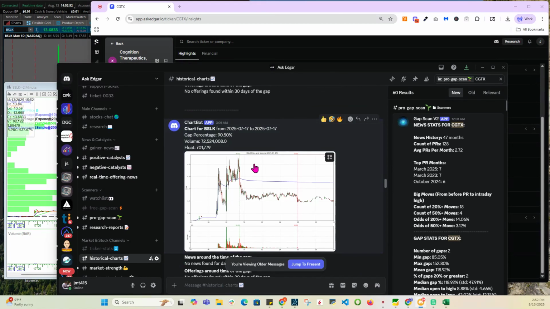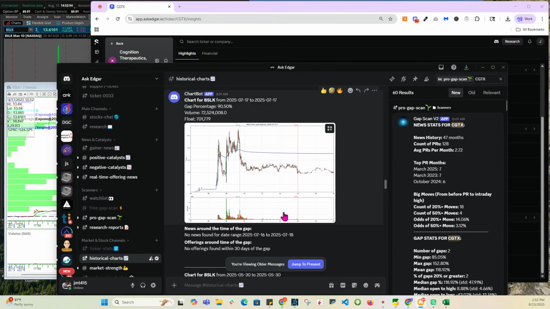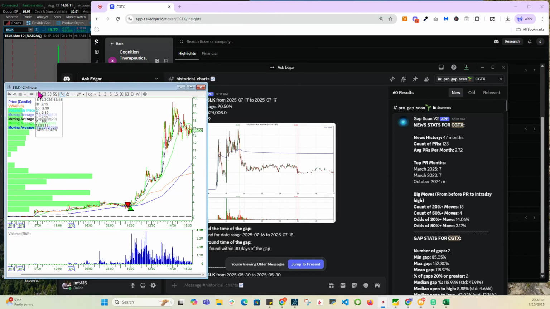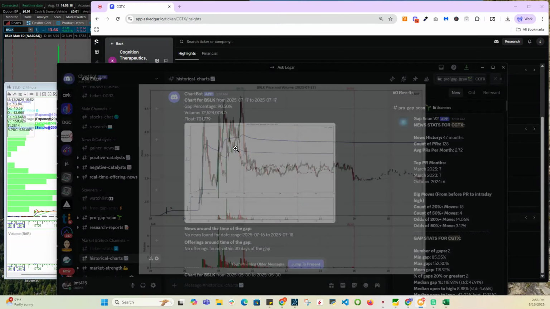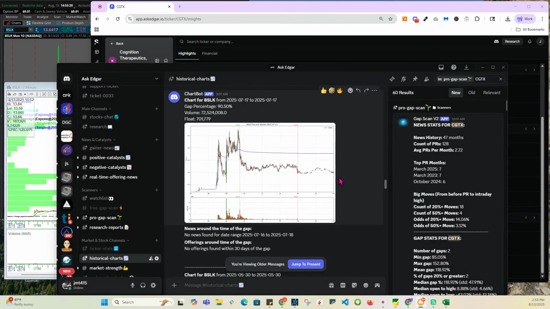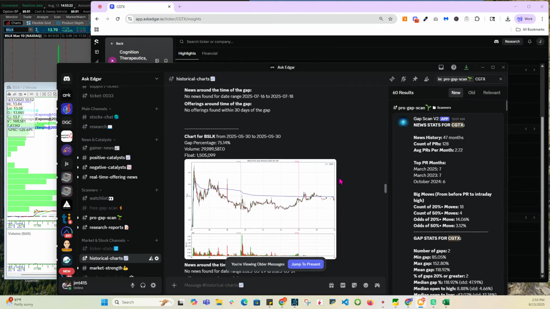And even scrolling through these examples, it never really ran on news, although the difference this time was earnings. Not that I would have expected it to do this, it's hindsight thinking that way. But as you can see here, just like CGTX, it's not really putting up a fight, it just fades.